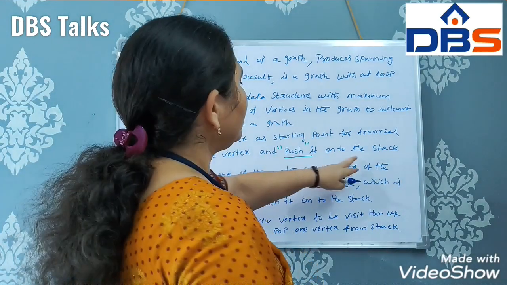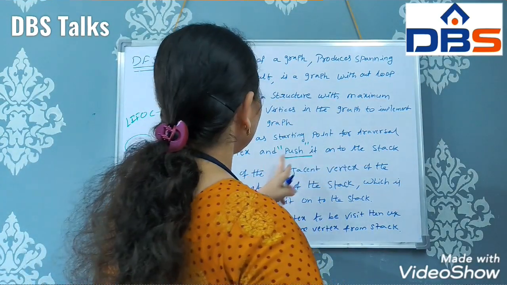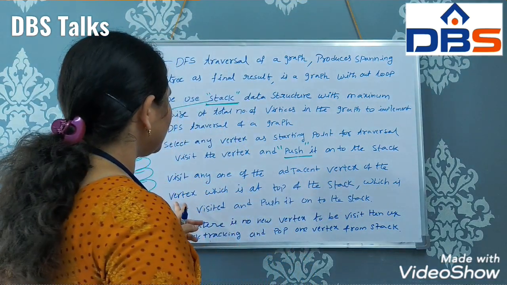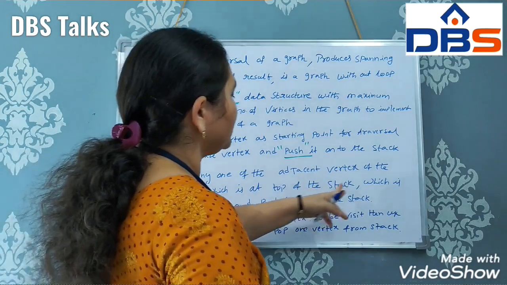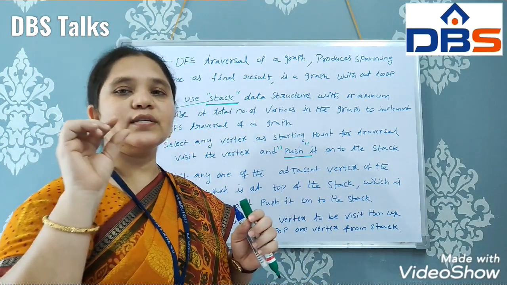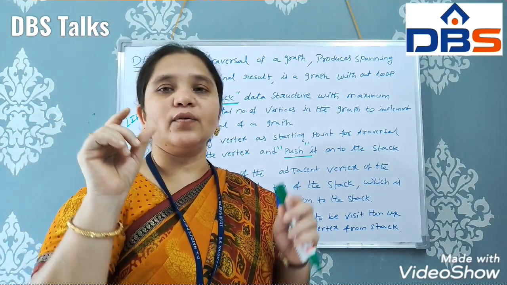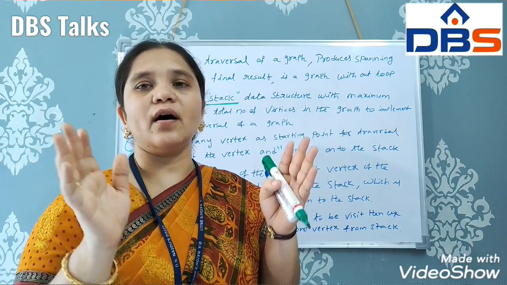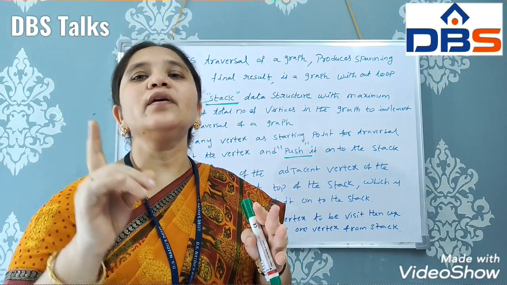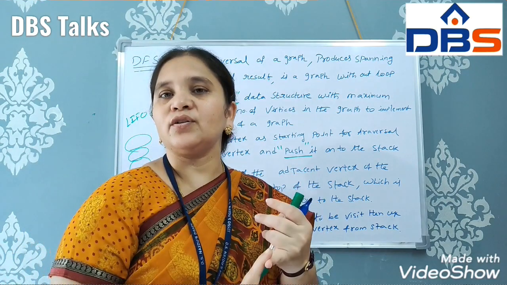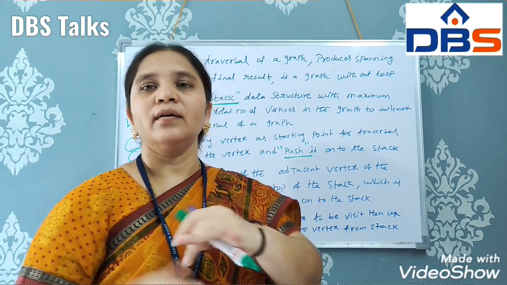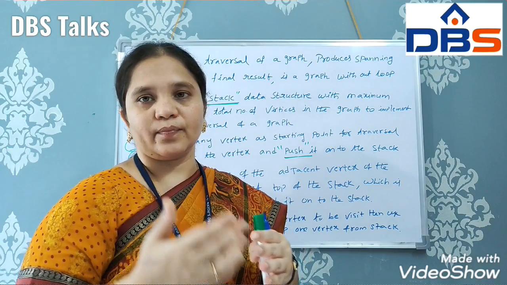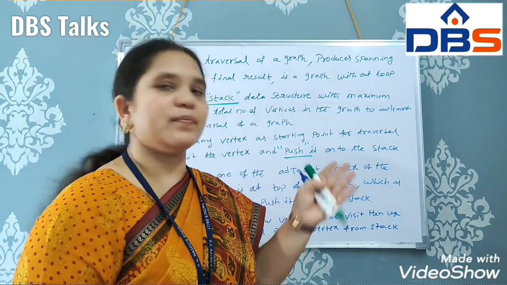Any visited vertex we need to push into the stack, or any adjacent vertex of the particular vertex which is at the top of the stack. Here, once we select one vertex, we do not consider all the adjacent vertices. We select any one, either the right node or the left node, not both, unlike in BFS, breadth first search.